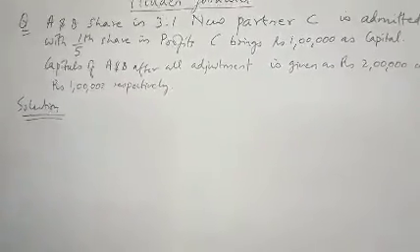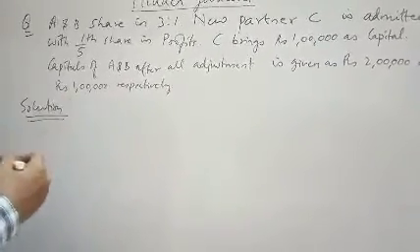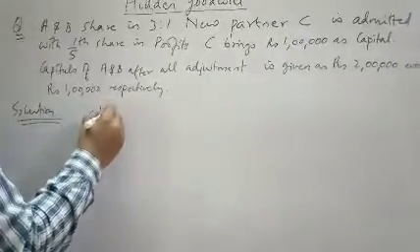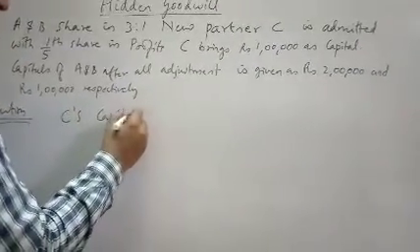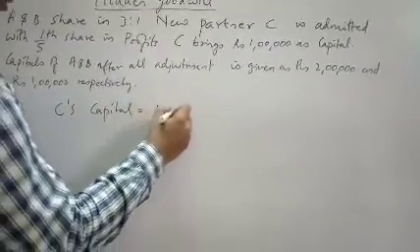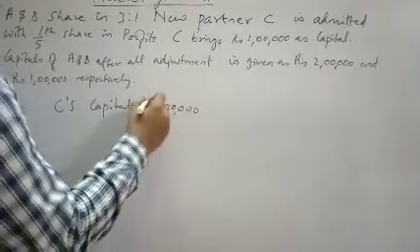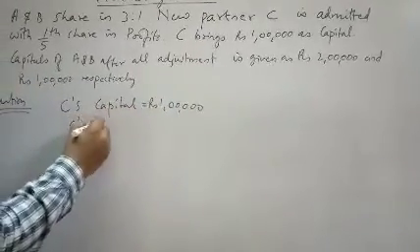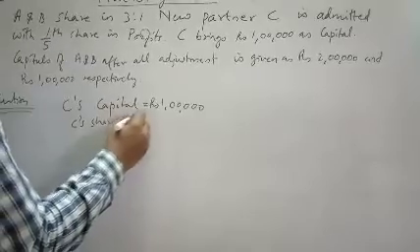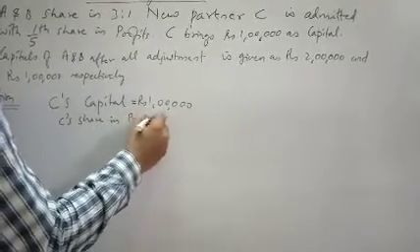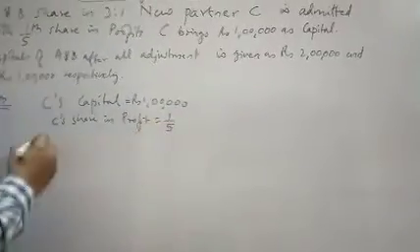First of all, we have to find out the total capital of the new firm. C's capital, new partner capital, is 1 lakh rupees. C's share in profit is 1/5.